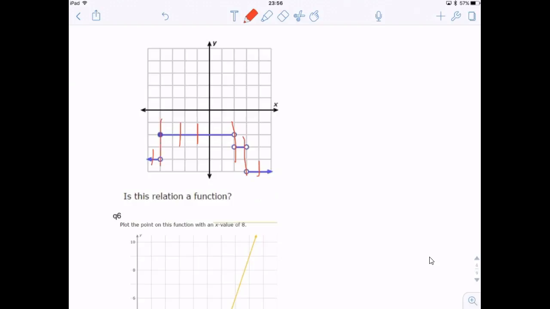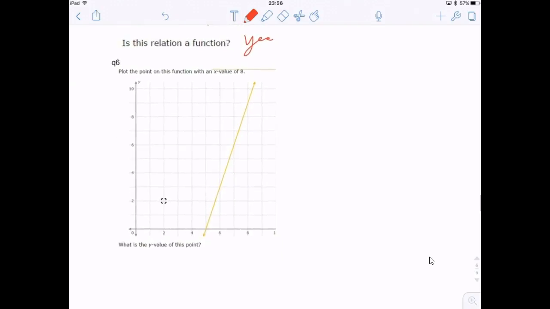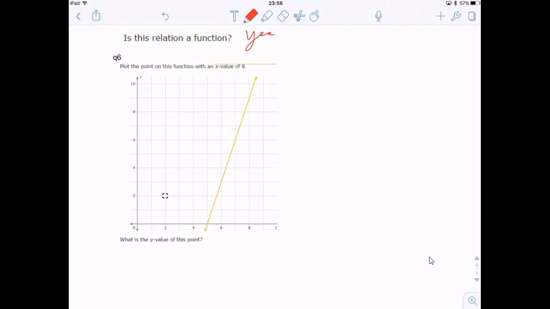If we cross here, we're crossing a solid dot and an open dot. At the open dot, the function doesn't exist there. So at the solid dot, we're crossing the function once. And when we cross the open dot, we are not crossing the function. So it's fine. So yeah, this is a function. Okay. So that's enough about the difference between functions and relations. I hope you like my analogy.